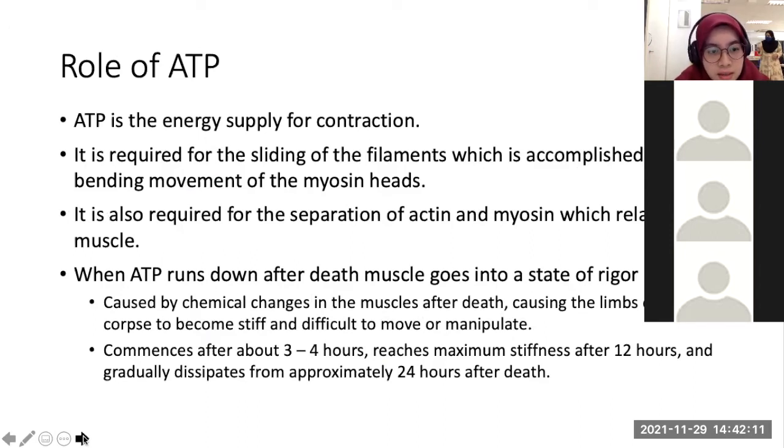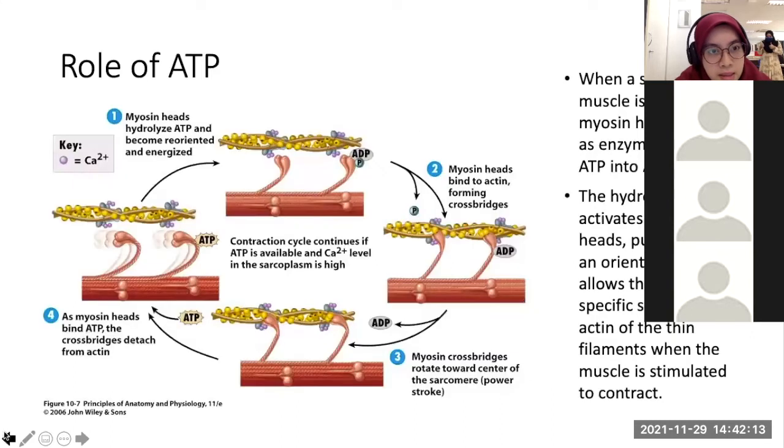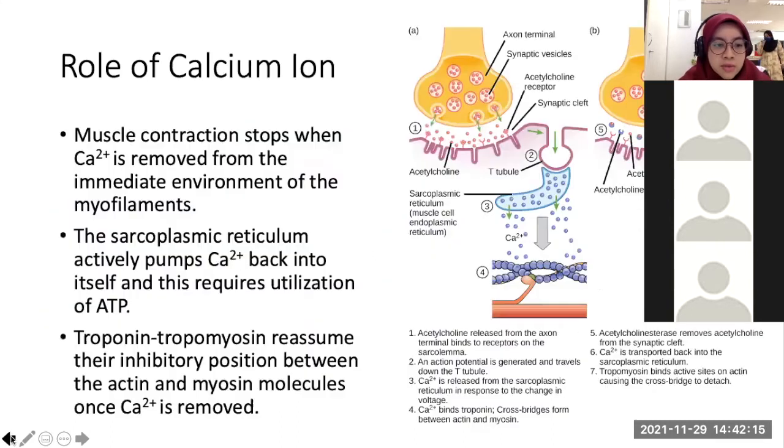Okay, so that is about muscle biochemistry. Generally it is for you to understand the role of calcium. How does calcium actually influence muscle contraction? Does calcium cause contraction or prevent contraction? If it causes contraction, how does calcium ion cause contraction? To whom does it bind?